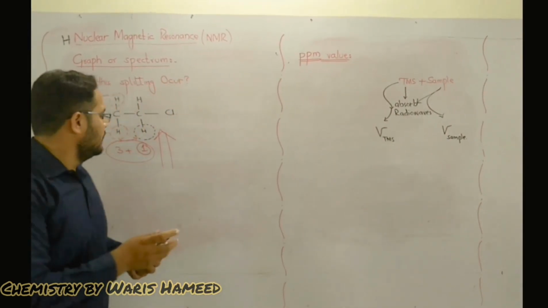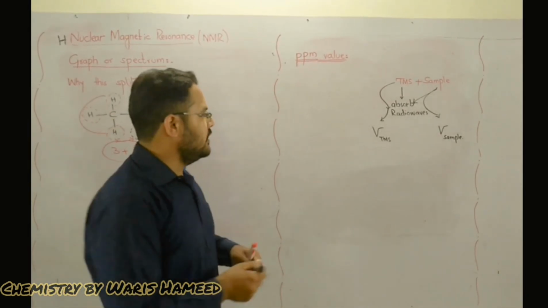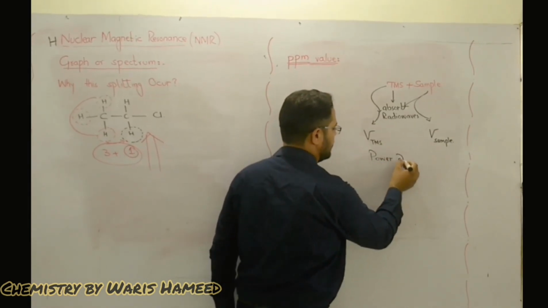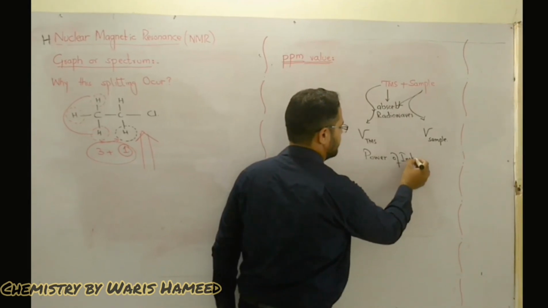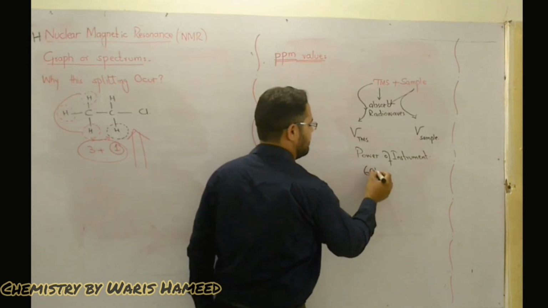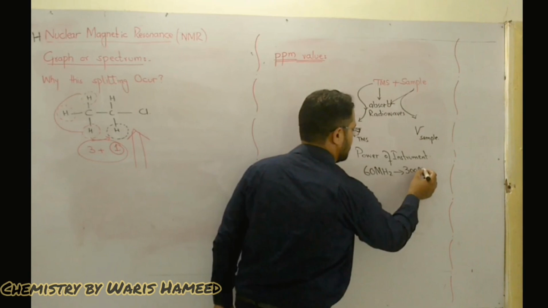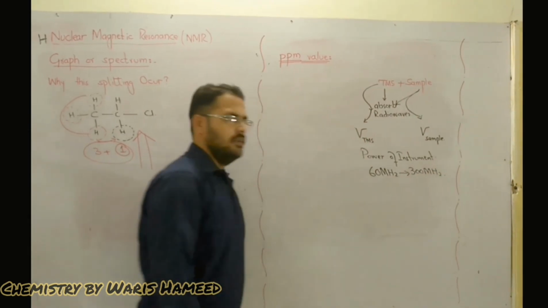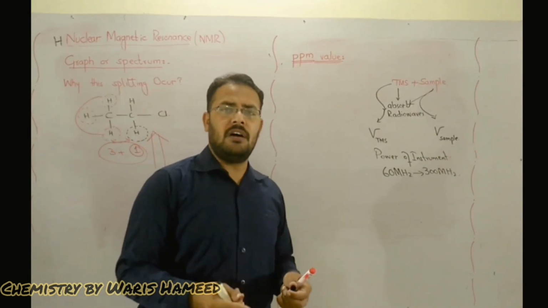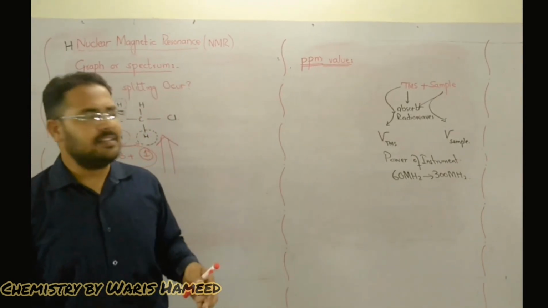Now the instrument has a power, which may range from 60 megahertz to 300 megahertz, and if the instrument has a higher power, then the graph will be good in result, or it will have the best results.